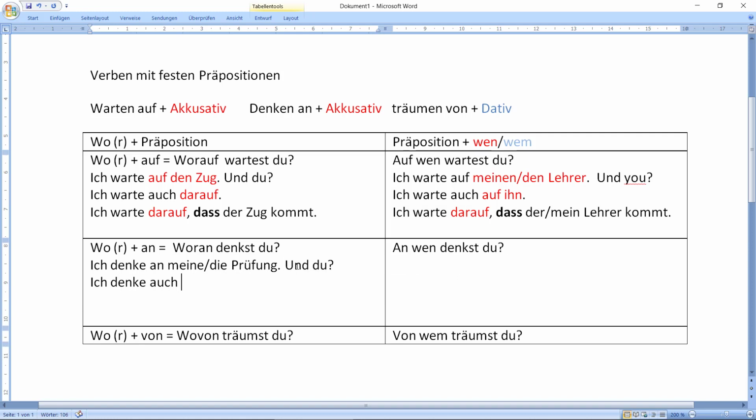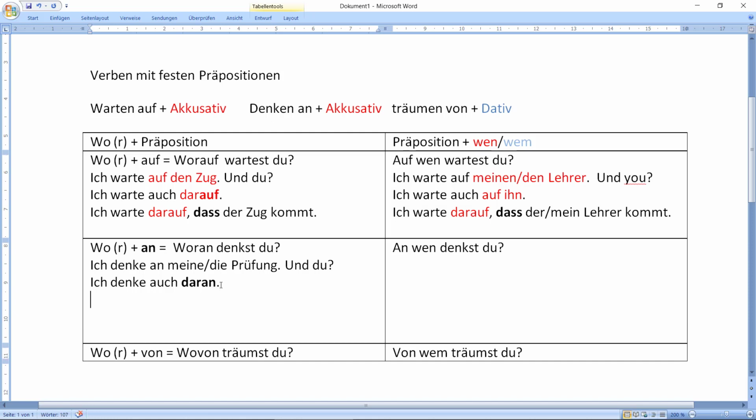Ich denke auch, as you can see, it was darauf, but our preposition is not auf anymore. It is an. Ich denke auch daran. Ich denke an meine Prüfung. Woran denkst du? Ich denke auch daran.